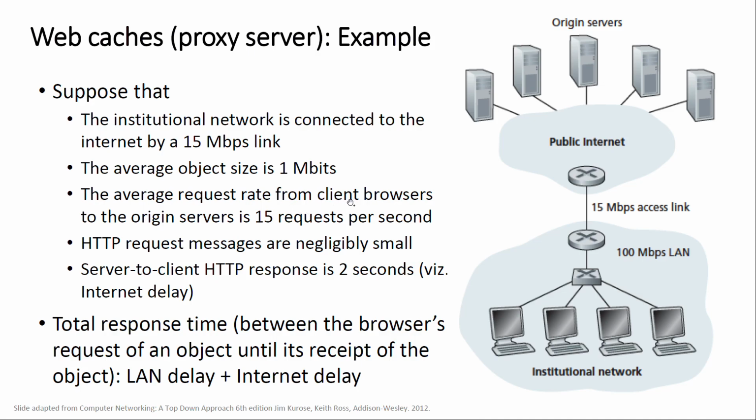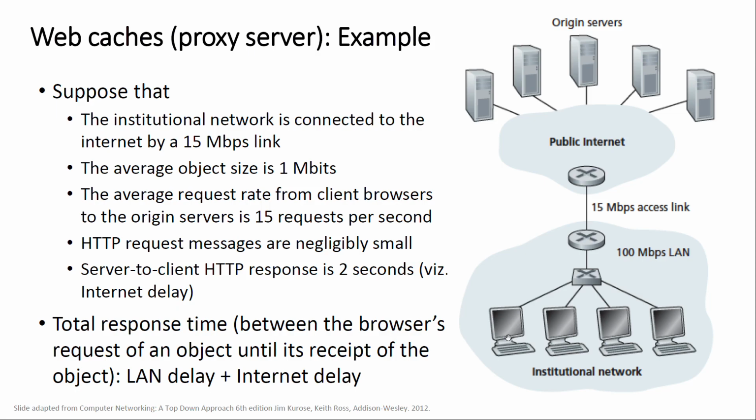The average request rate from client browsers to origin servers is 15 requests per second. So your institution is receiving 15 requests per second, and all of the requests have an average size of 1 megabit. You have to go to origin servers for these requests and receive them back. Assume that the server to client HTTP response delay is 2 seconds, so the data from the internet takes 2 seconds to obtain. So what is the total response time from client to origin server and back?